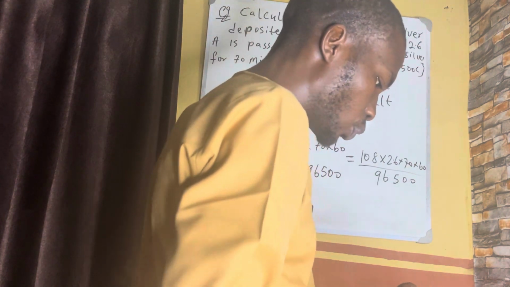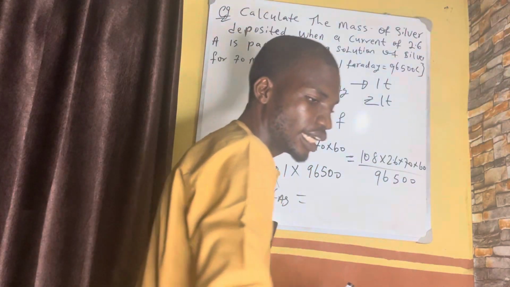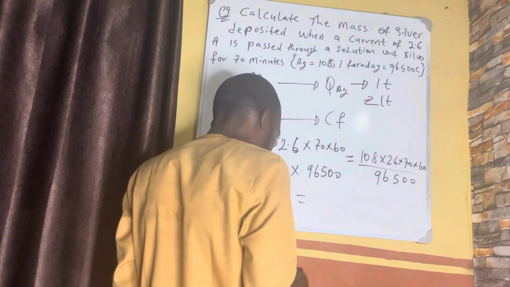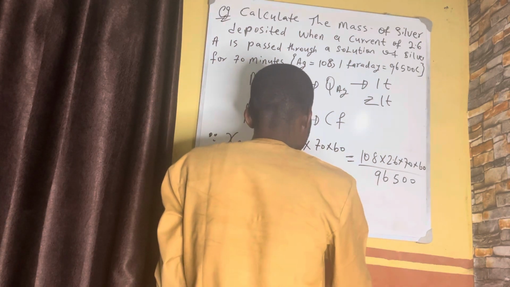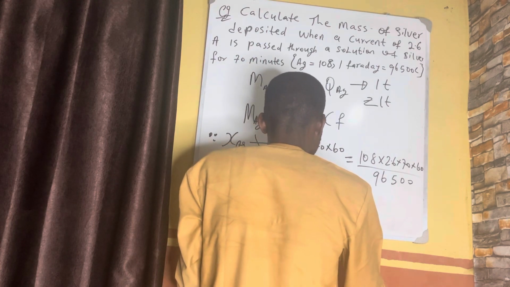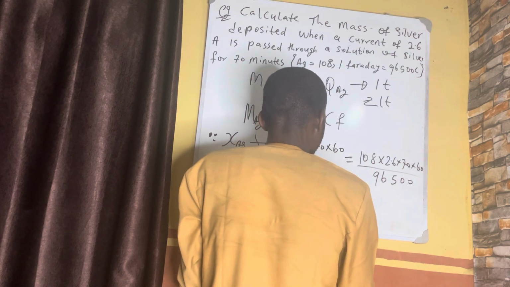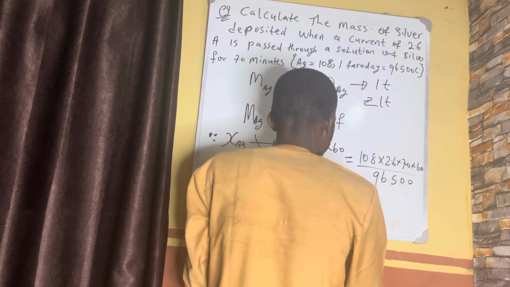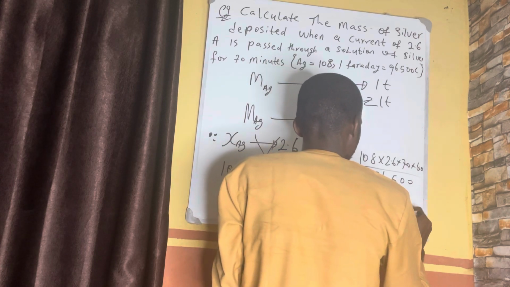After multiplying this, what do we get? Let me do it so that everybody will understand. We get 179,360. Now divided by 96,500, it will give you 12.2 grams.